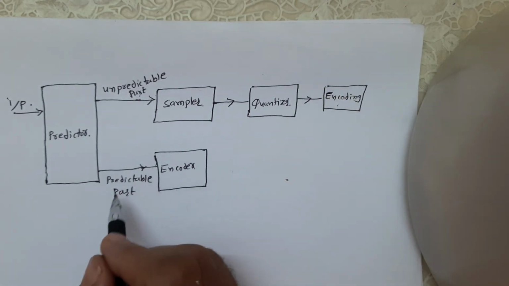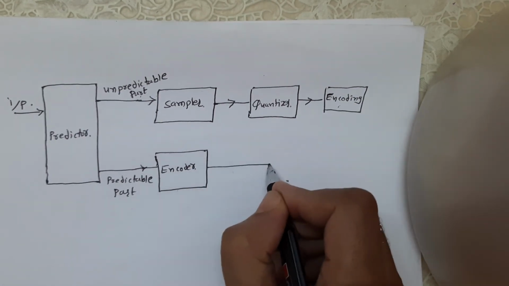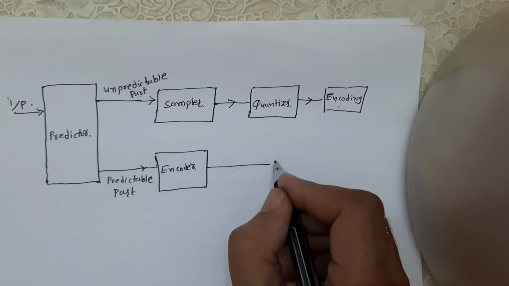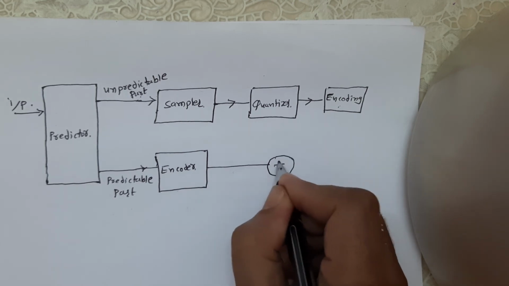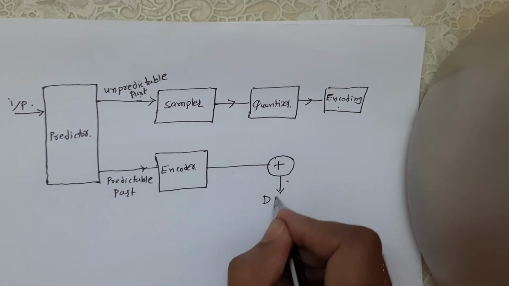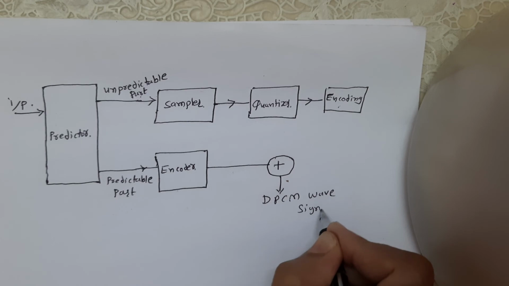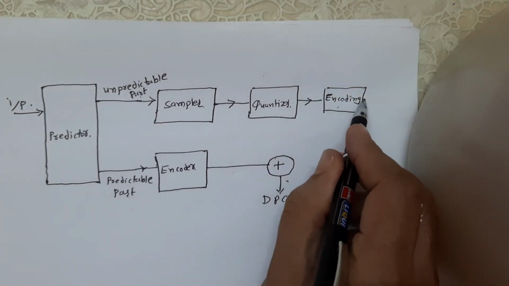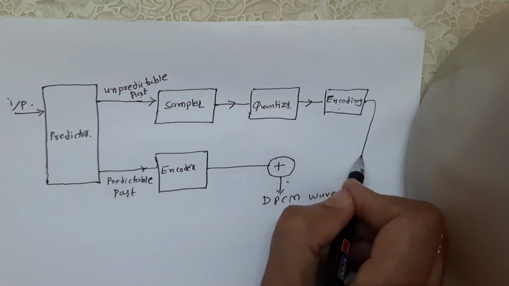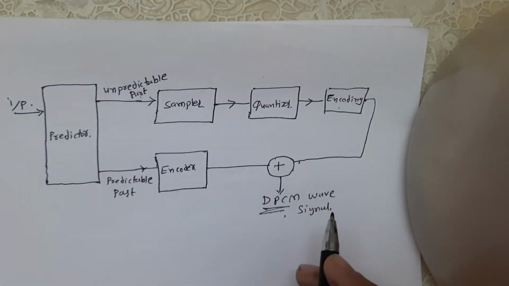Here the predictable part is directly given to the encoder, and then we are getting the DPCM wave, or we can say signal. The output of the encoder is again given here, and in this way we are getting the DPCM.